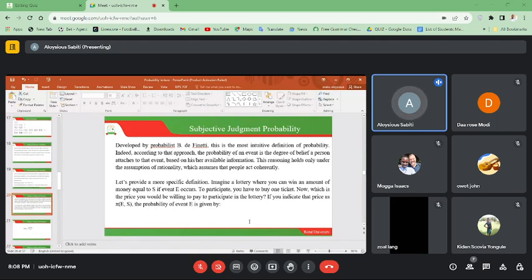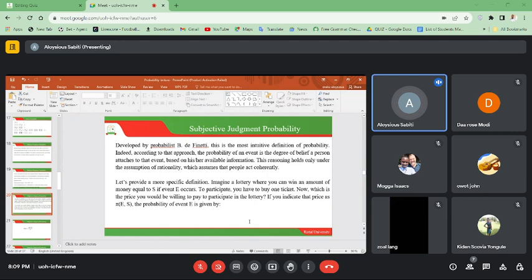The probabilist is someone who develops an idea on probability. And it was developed by De Finetti, and it is the most intuitive definition of probability. Intuitive meaning it is cognitive, that you're making a theoretic judgment.